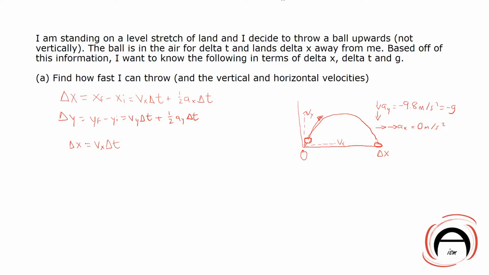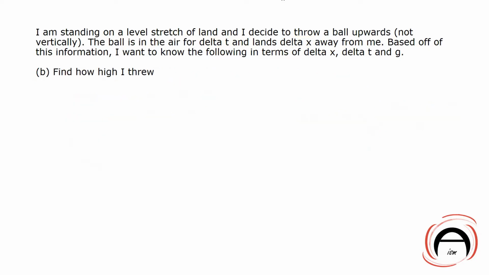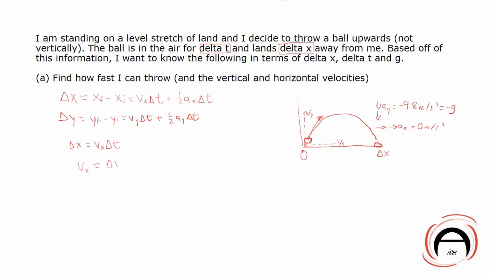So since we are given both of these things, we know that we're given delta x right here, it lands delta x away, and it stays in the air for delta t. We can find that our velocity in the x direction is just going to be equal to delta x over delta t, right there. So we've solved part A.